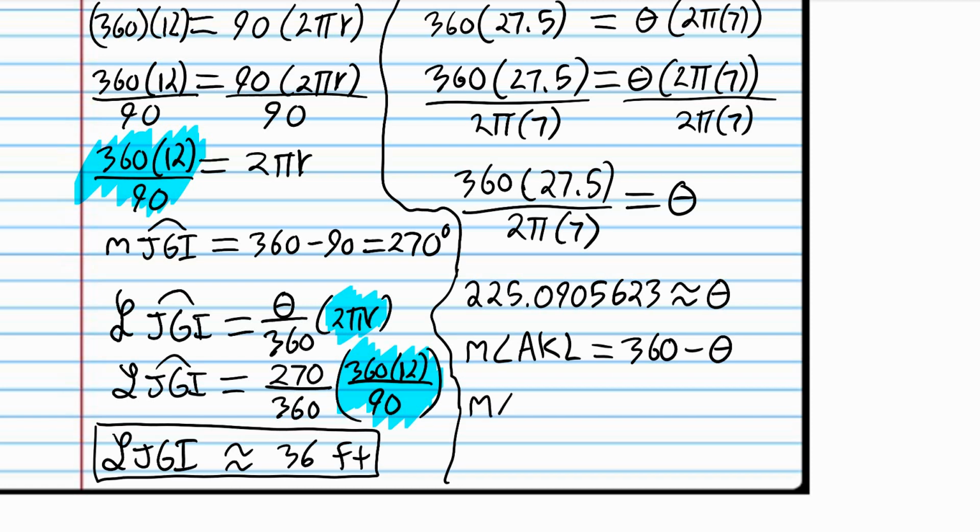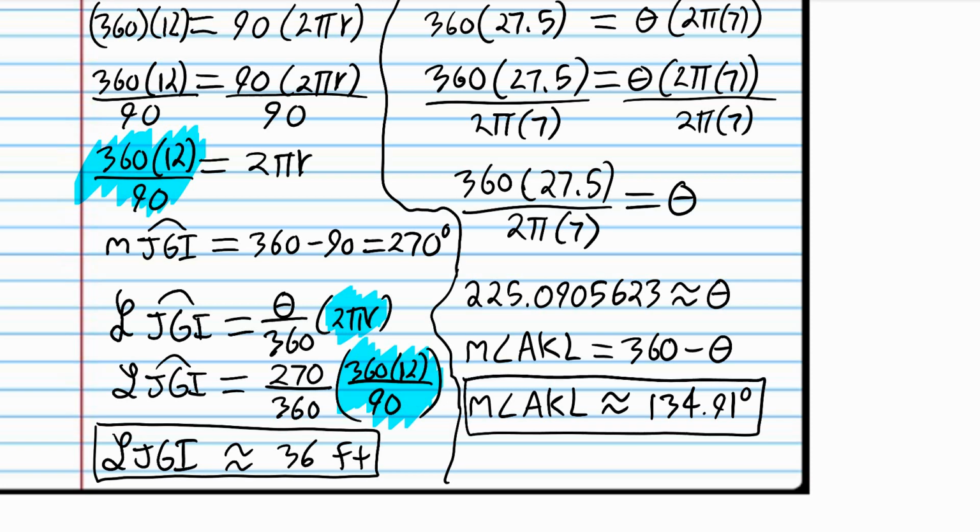So the measure of angle AKL is approximately equal to, and we can just take that number and say minus 360, and that'll give us a negative number, but it doesn't really matter. We can just change it to positive because we know it's got to be positive, and then round to the nearest hundredth, and then we get 0.91 degrees.